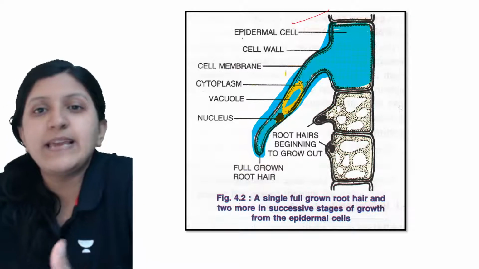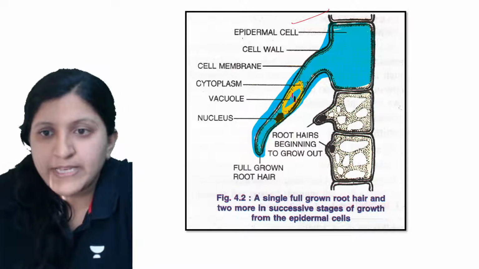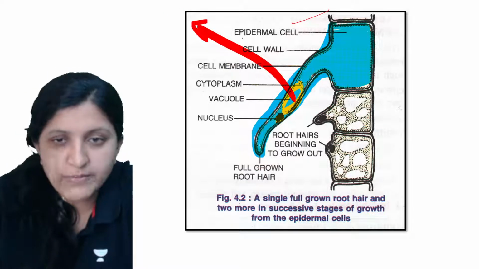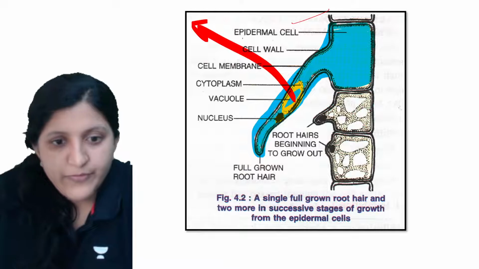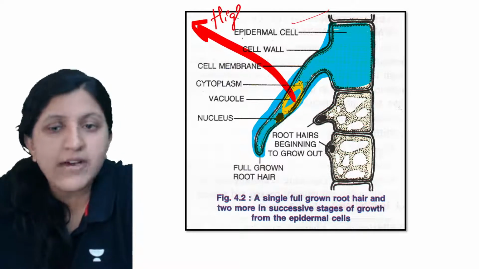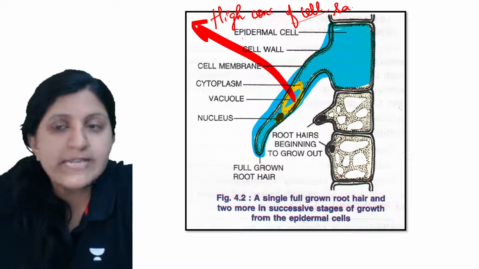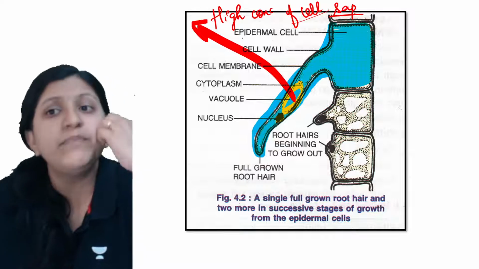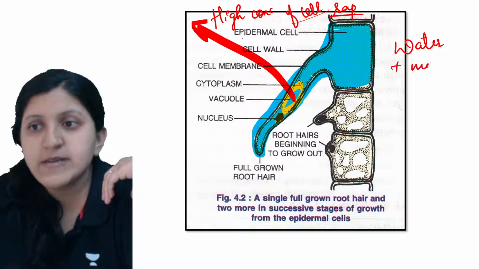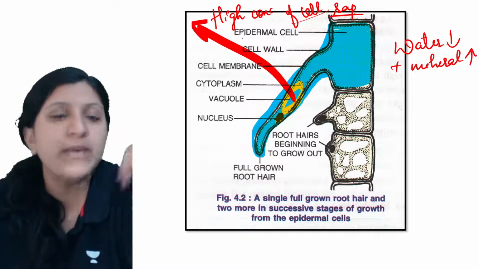With all this, a high concentration of cell sap is maintained in the vacuole. This one over here will have a high concentration of cell sap. What is that high concentration? It means very little water is present and more minerals are present.